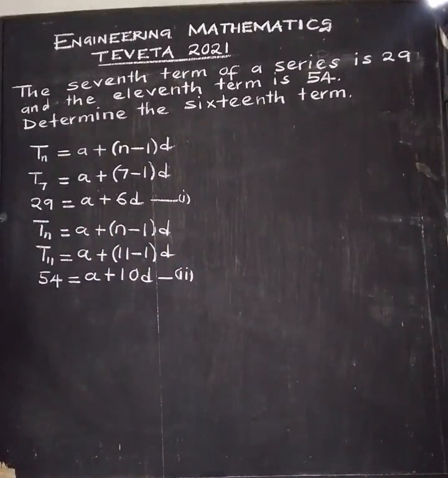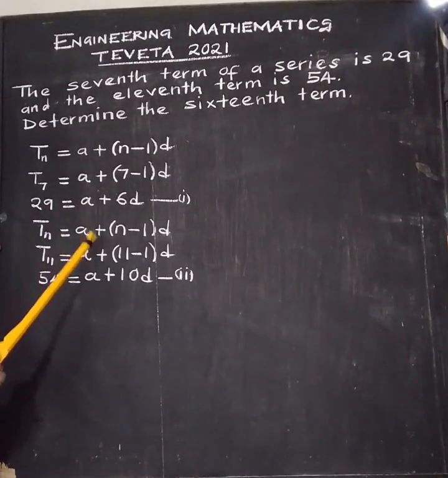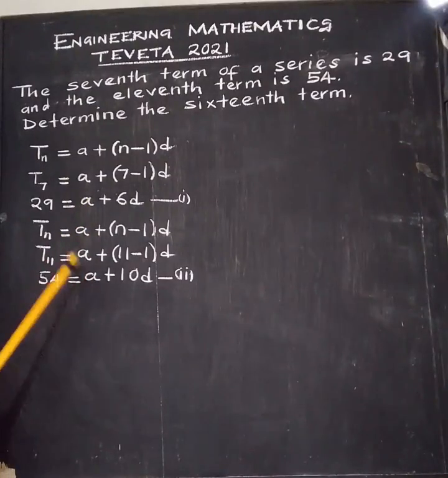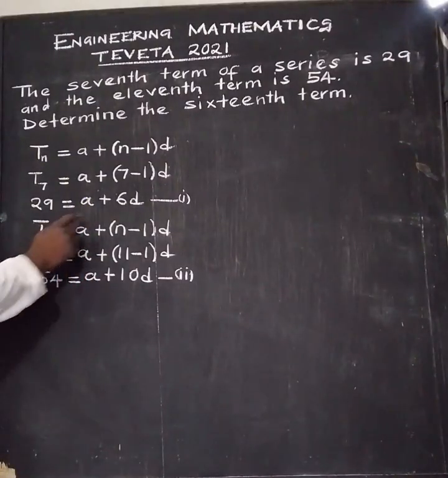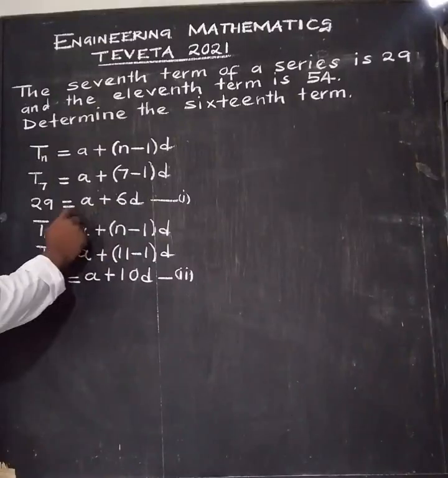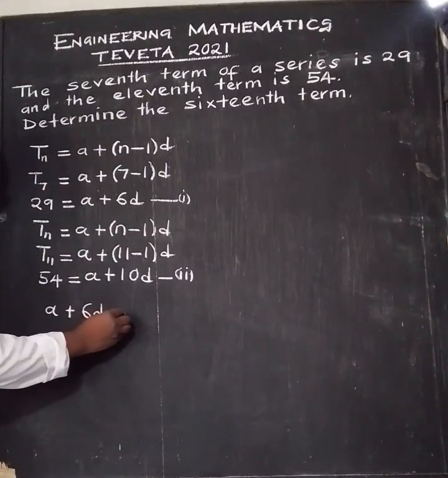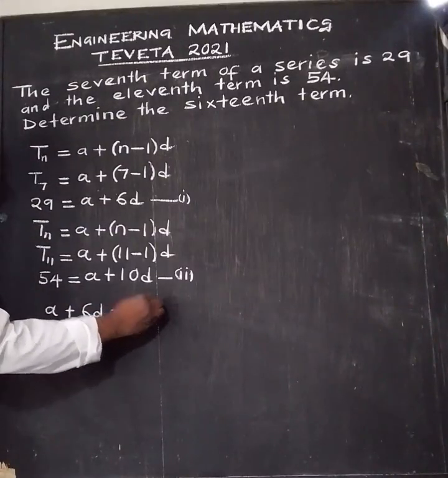Now what we are going to do in this case is solve these two equations simultaneously. So the first equation can also be written as a plus 6d is equal to 29.